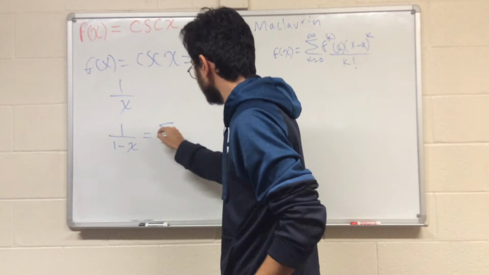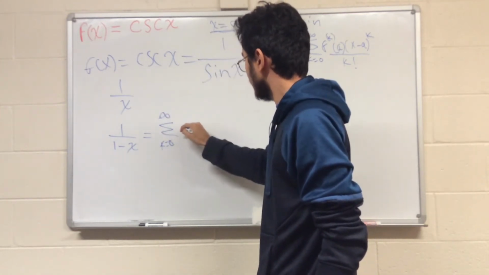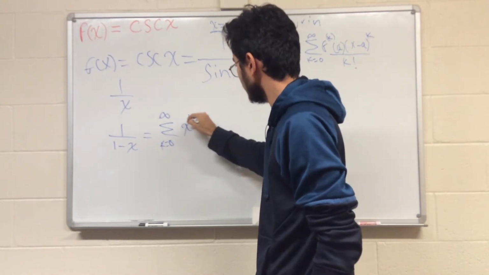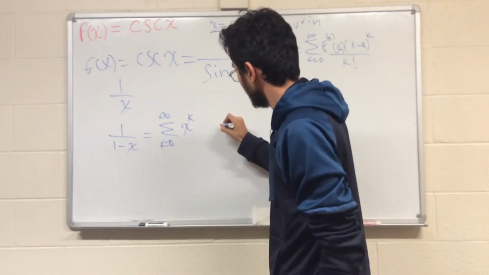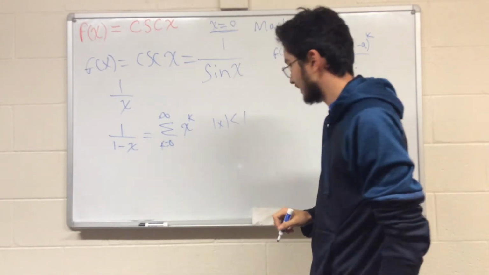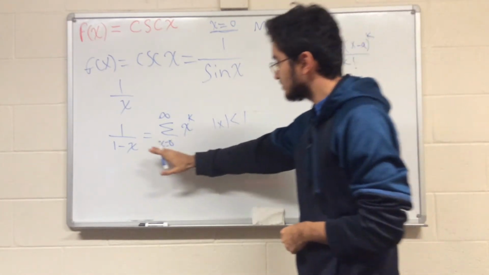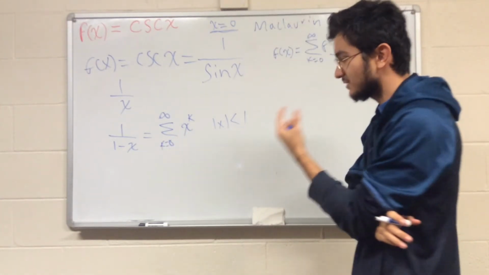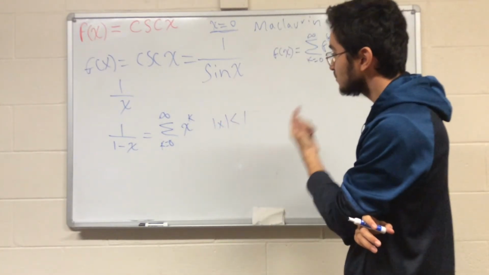This is the sum from k equals 0 to infinity of x to the power of k, with convergence for the absolute value of x less than 1. We use this very well-known power series. Black Pen Red Pen actually calls it the best friend because it's so useful.